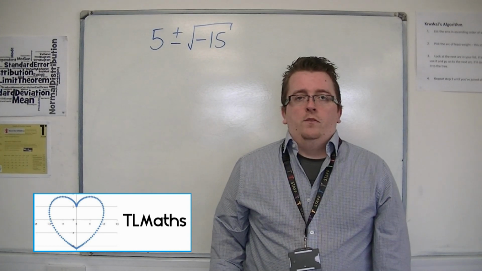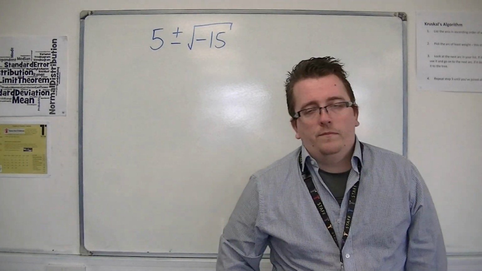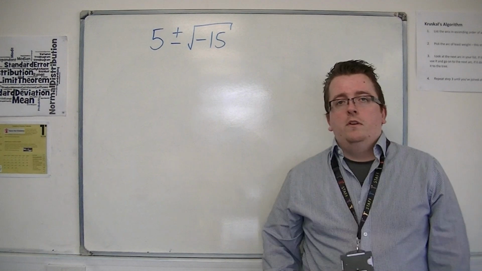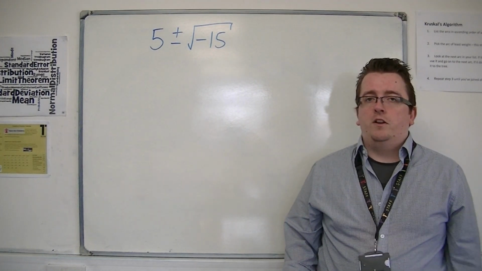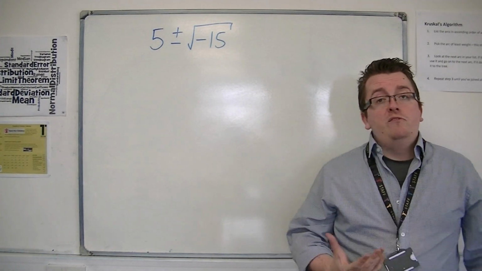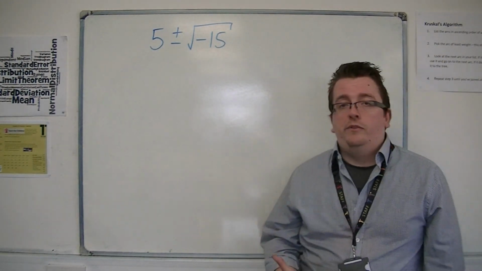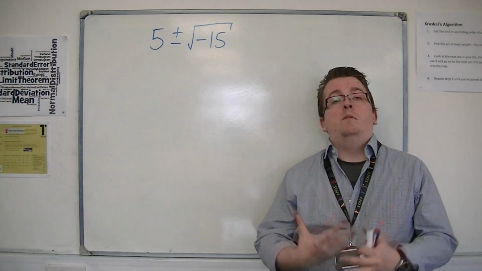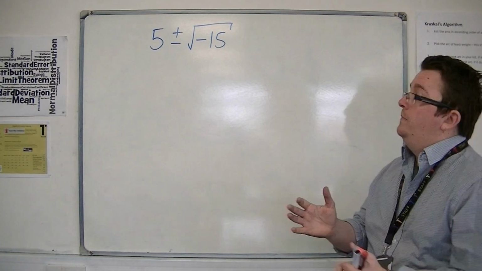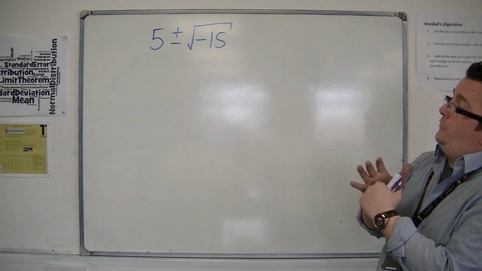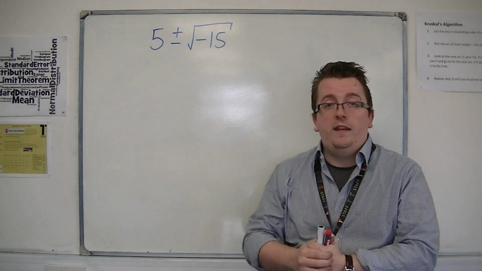In the previous video, I introduced the historical context, or part of the historical context behind complex numbers. And we arrived at the solution to the problem of two numbers that add together to make 10, but multiply together to make 40, had to be 5 plus or minus the square root of minus 15.